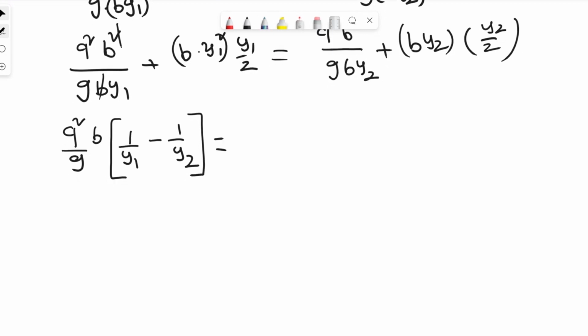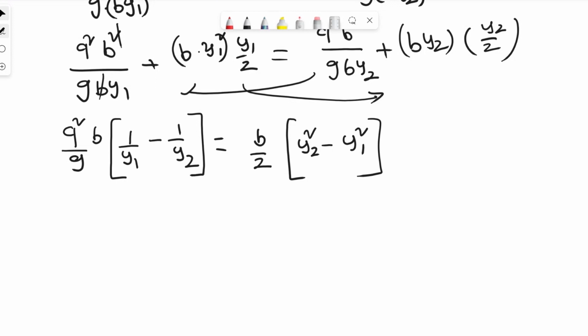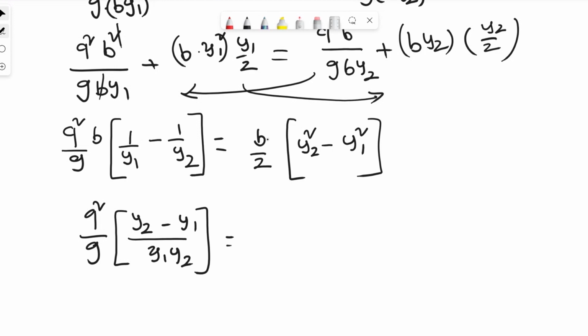I take it to the other side, and if I take B by 2 common, then what will be there is Y2 square minus Y1 square, because this I take on this side and this I brought to this side. Again B B will cancel, so q square by g into Y2 minus Y1 by Y1 Y2 is equal to, this and this I cancel, so it is half into Y2 plus Y1 into Y2 minus Y1.